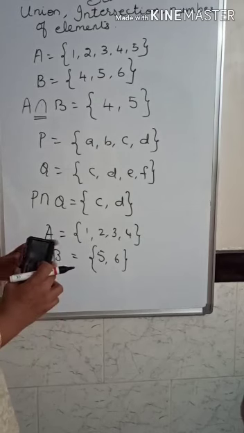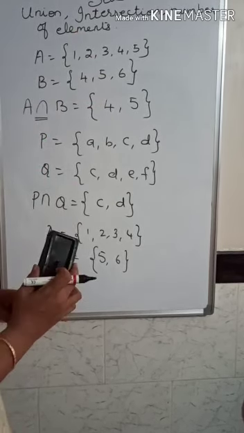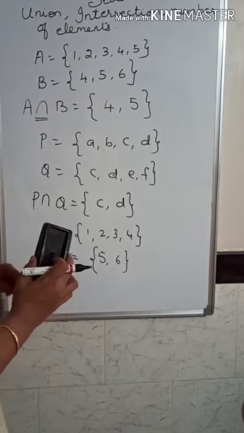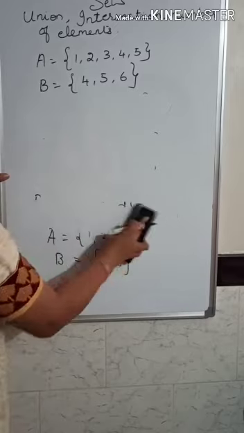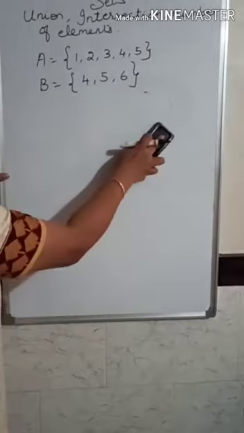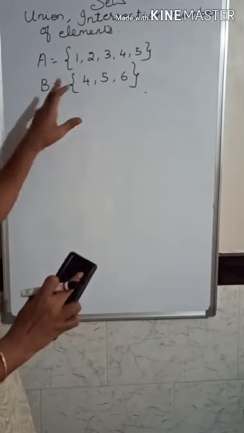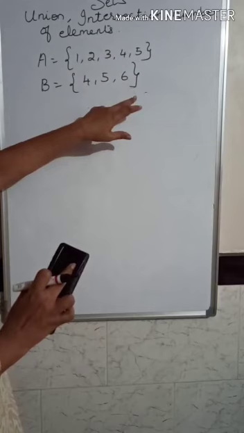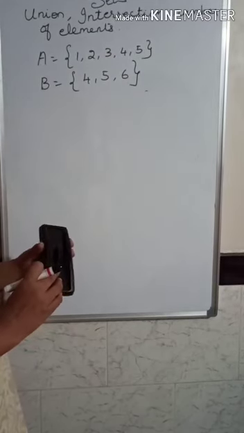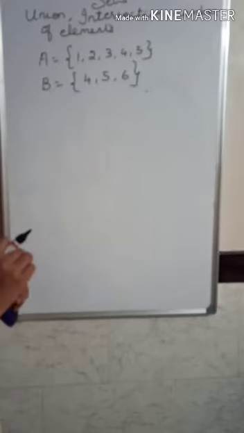Now coming to the next concept in sets, that is the number of elements in a set. To understand it more clearly, I'll take the same example. I have considered set A as {1, 2, 3, 4, 5} and B as {4, 5, 6}. Number of elements of a set is nothing but how many elements are there in the set.